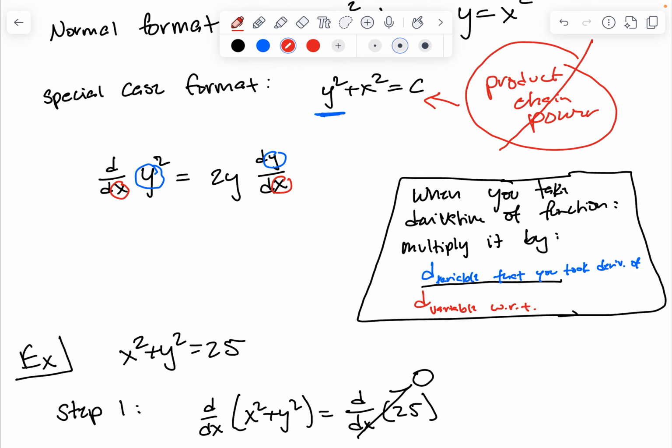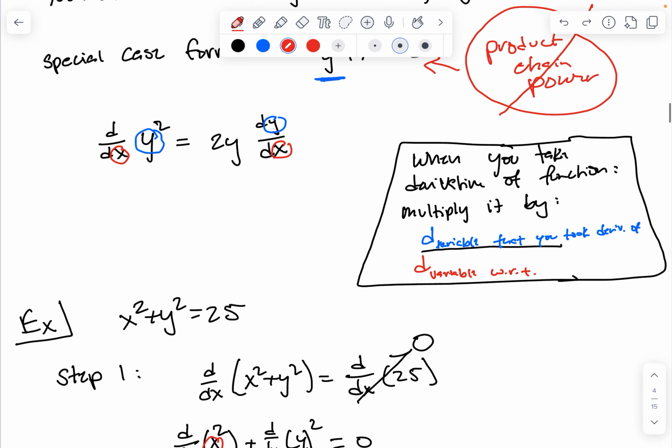And with respect to just means derivative with respect to x. This applies to every single type of derivative, this note.